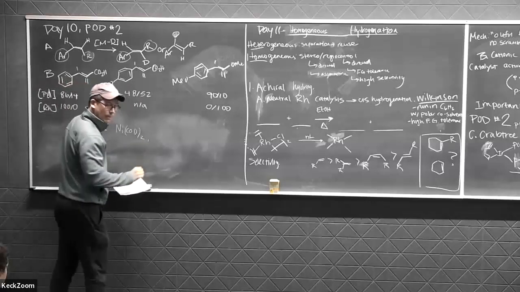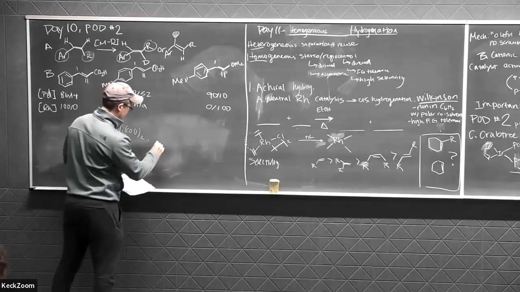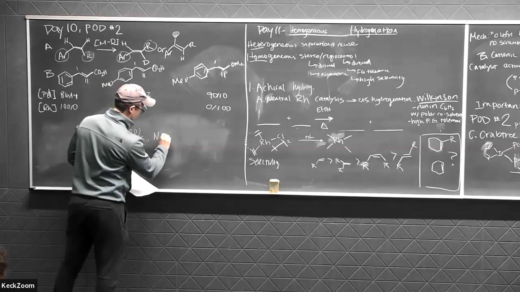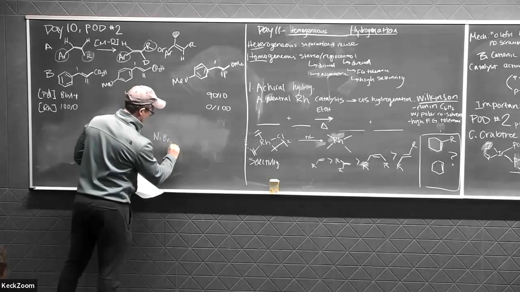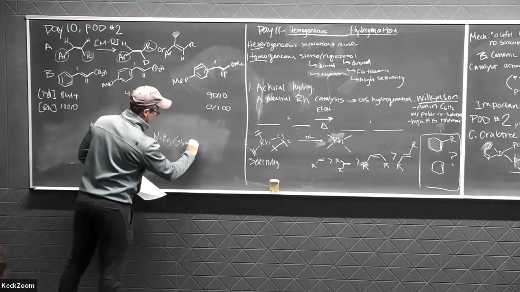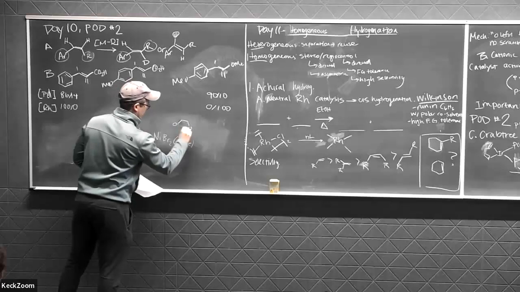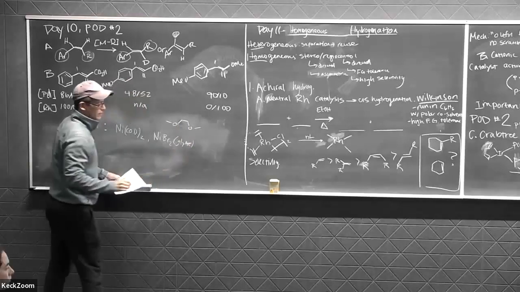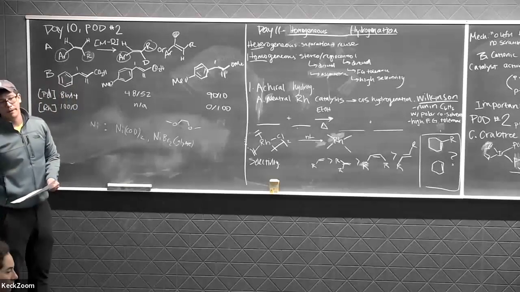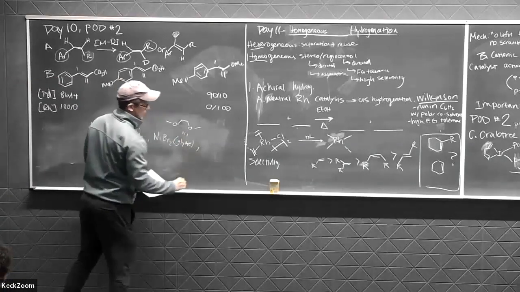I would also choose a nickel(II) precatalyst. Okay. Nickel bromide glyme. Why do you choose nickel bromide glyme as opposed to nickel bromide? Maybe taking into consideration its solubility in organic solvents. Okay, solubility, good.